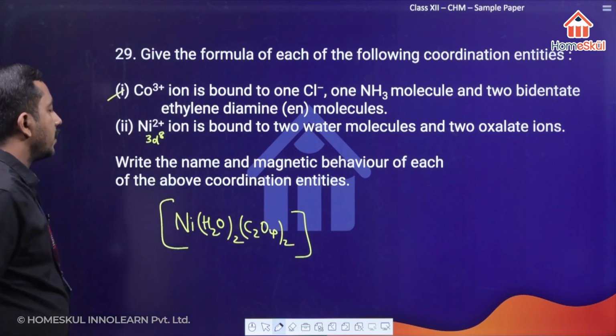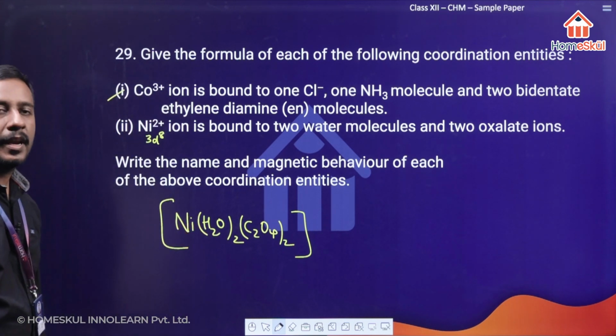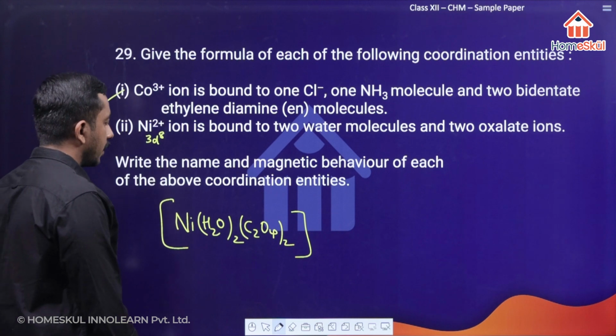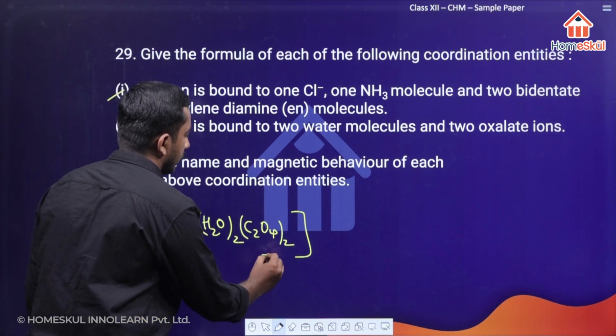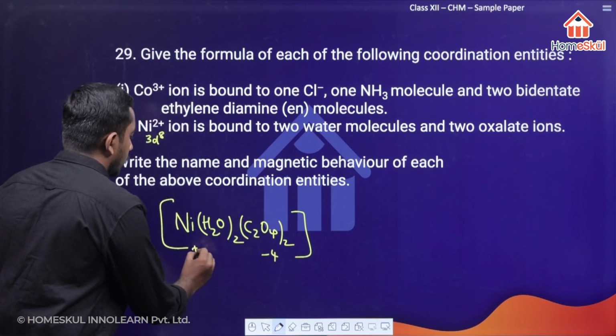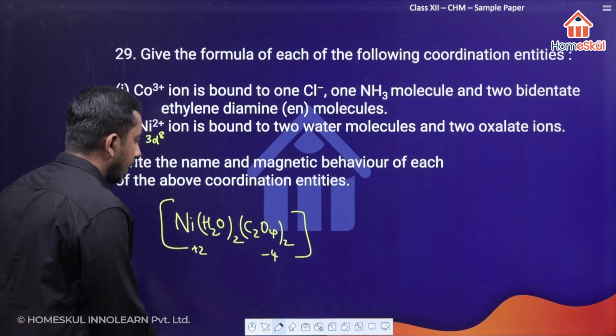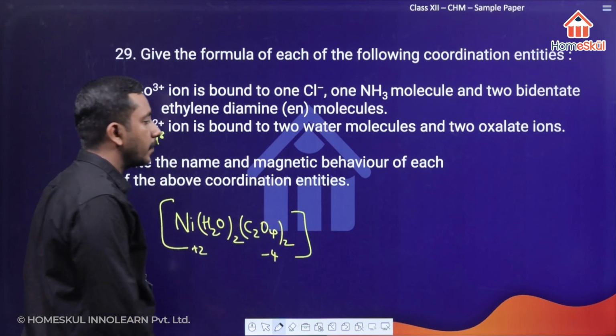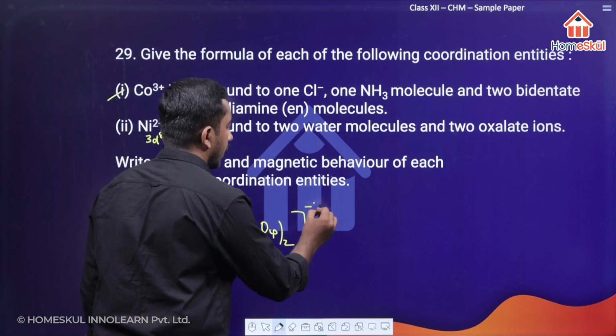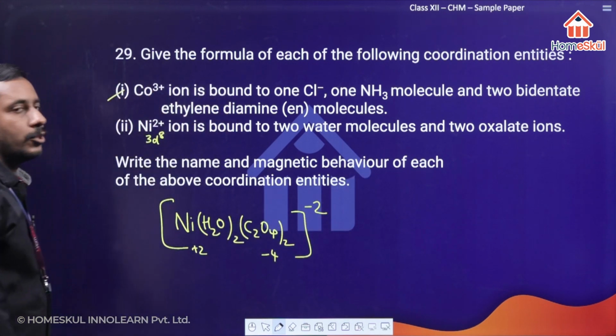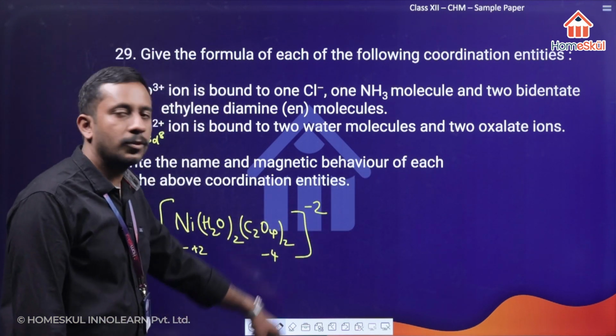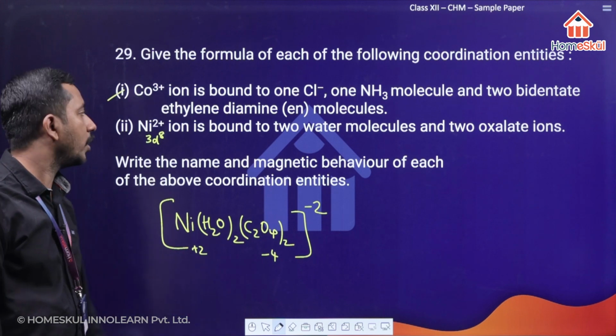So that will be our coordination sphere. Water here is a neutral ligand that has no charge. C2O4 has a charge of 2 minus, so the total charge is -4. Nickel is in the +2 oxidation state. That means the total charge of the coordination sphere will be negative. The coordination sphere has a -2 charge. You should not forget to write the charge of the coordination sphere along with the molecular formula.